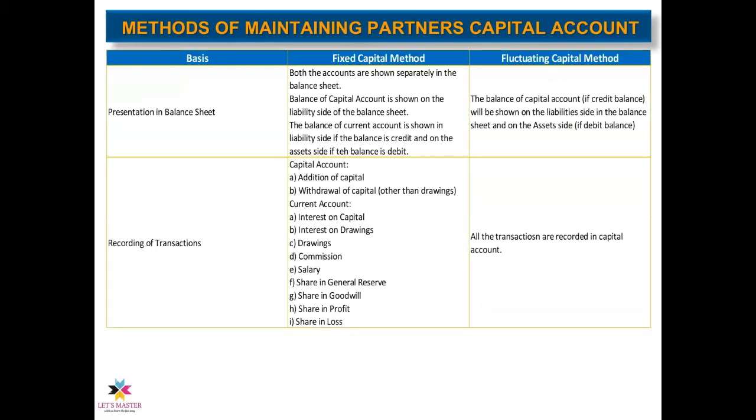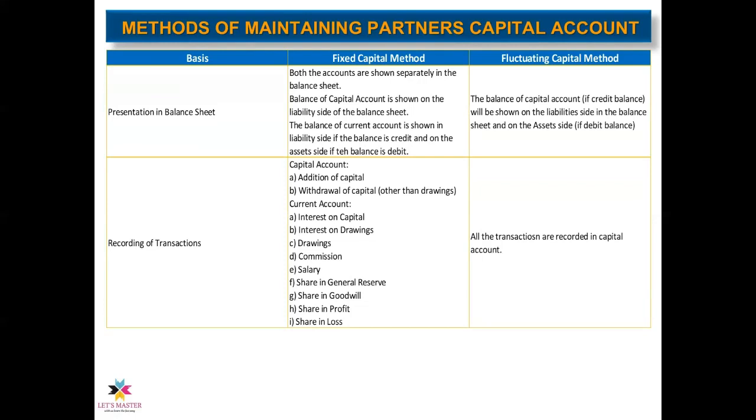Moving on, presentation in balance sheet. How the balances are shown in the balance sheet. When you are maintaining the partner's capital account using the fixed capital method, both the accounts are shown separately in the balance sheet. And as I have told you, the balance of the capital account will always be credit.